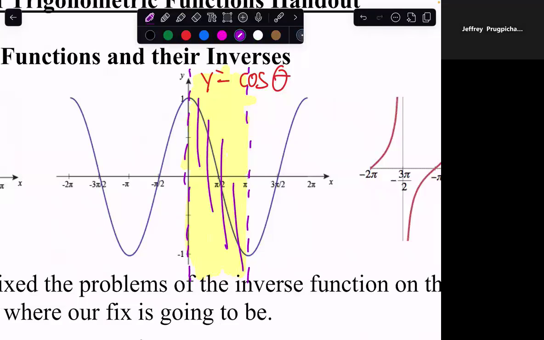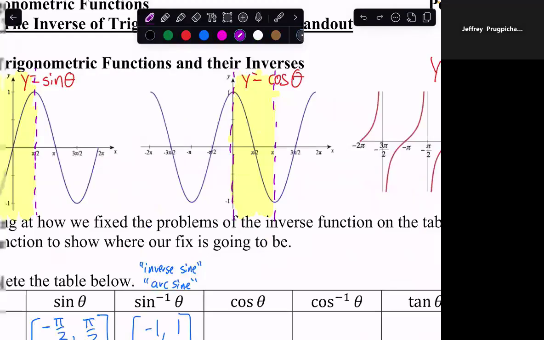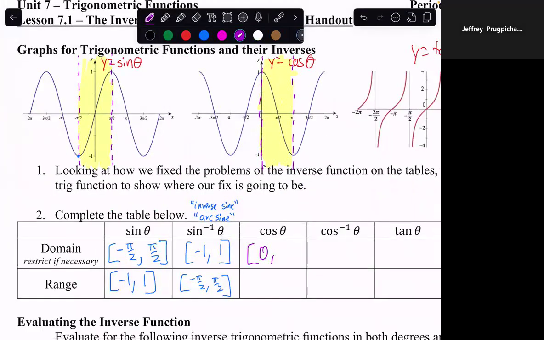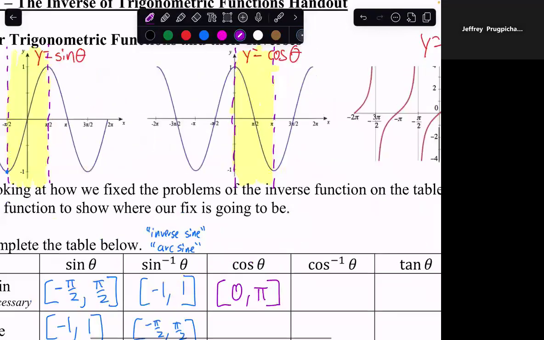It still passes the vertical line test, but now it also passes the horizontal line test. And again, you can use the endpoints. So we're going to do bracket 0 to bracket pi as the domain. And the range, you don't say 1 to negative 1. You always go smaller number first. So negative 1 up to positive 1.